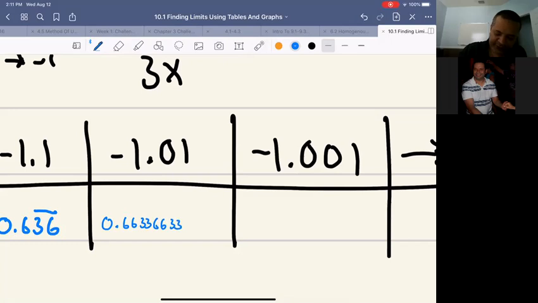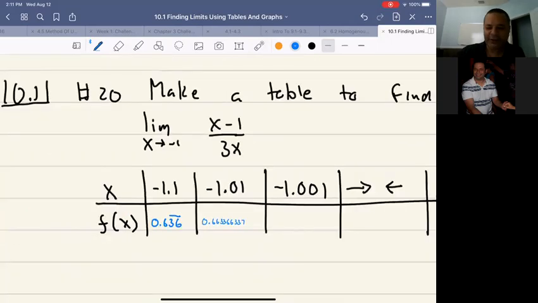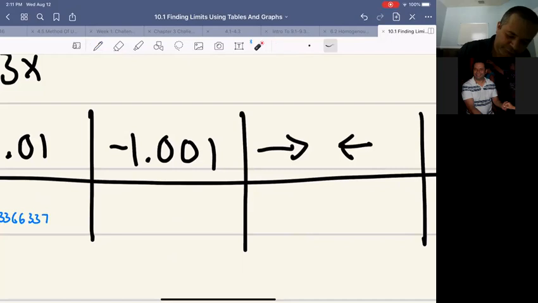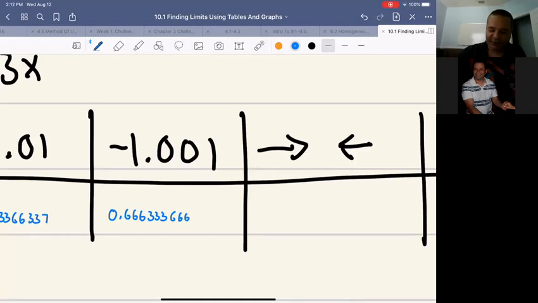I'm guessing that this is going to be our pattern because the next number is 7, but I'll just leave it as my calculator gave it. I do the same thing for -1.001 and get 0.666333666. I'm guessing it's going to be that pattern as well.